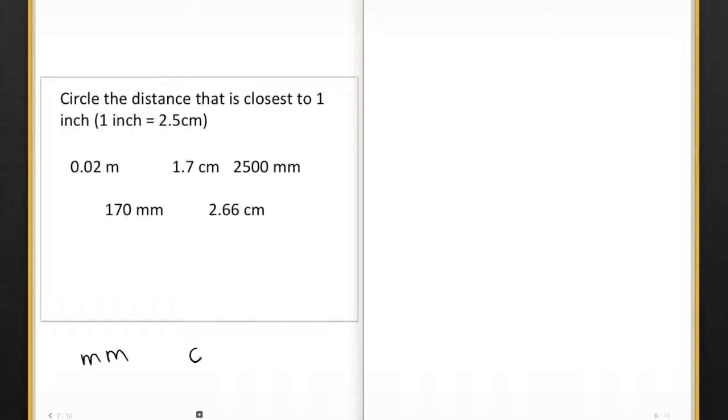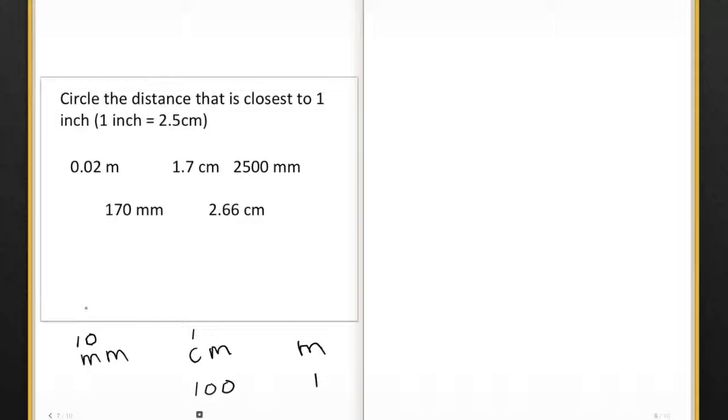Then we've got centimetres, and then we've got metres. This is the highest, the biggest, and this is the smallest. There are 10 millimetres in 1 centimetre. And there are 100 centimetres in 1 metre.